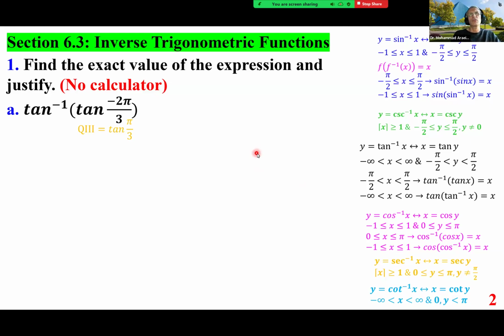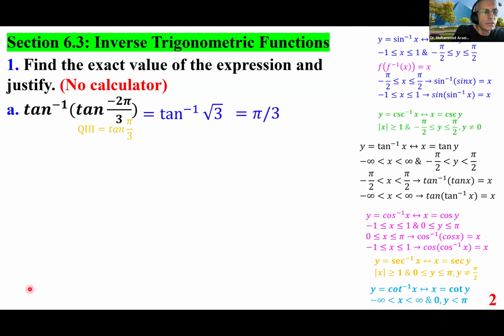That's the same as tan of pi over 3, because in quadrant 3, remember, the period for tangent is pi, and tangent is positive in the first and third quadrant. Okay, therefore, tan inverse of square root of 3, because tan of pi over 3 is square root of 3, and that gives us pi over 3.